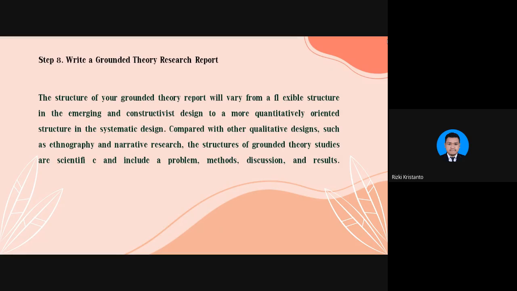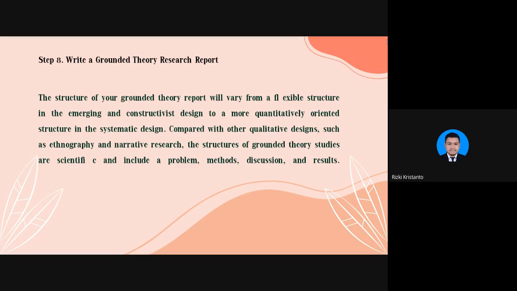in the last step, we have write a grounded theory research report. Normally, in conducting research, writing the report is very important.